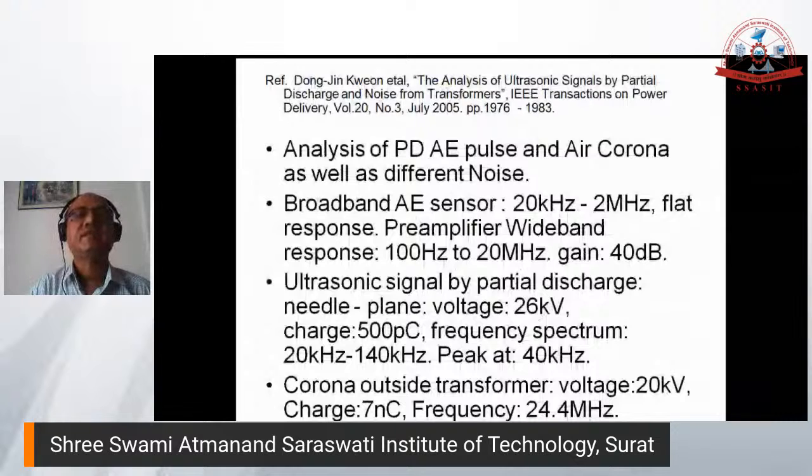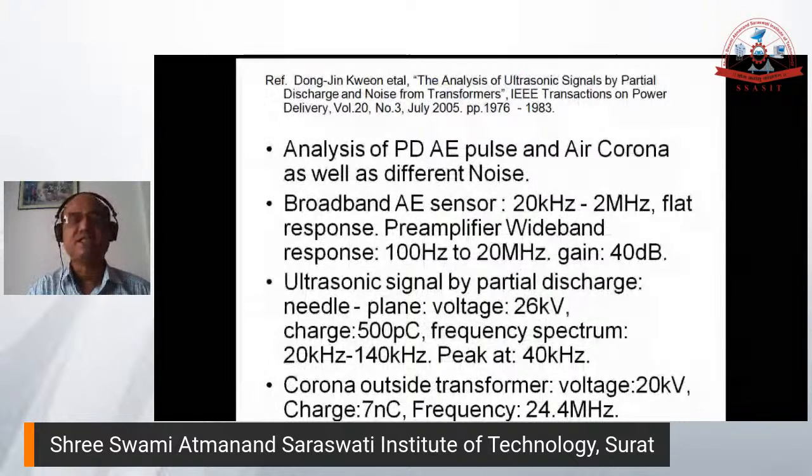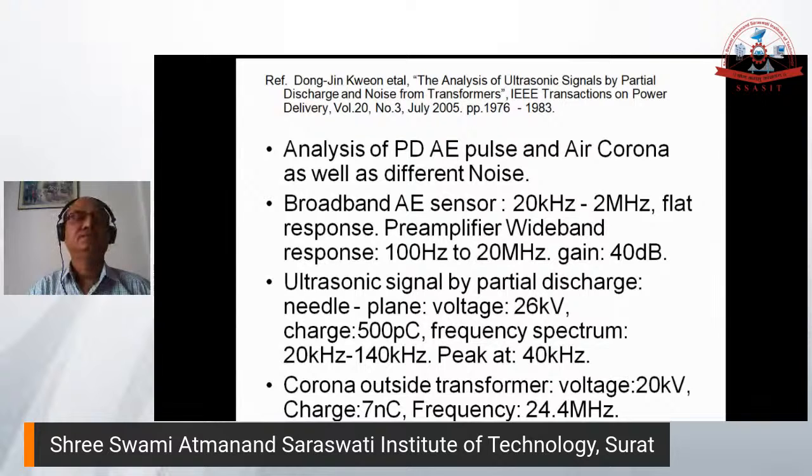Now, partial discharge creates different frequency bands, but in the case of a transformer there are sources of error at different frequencies. So what different frequencies of acoustic sound are possible in a transformer is given here. Electrical air corona, for example, in a substation, there are many other high voltage points in the circuit breaker and the terminal connectors.